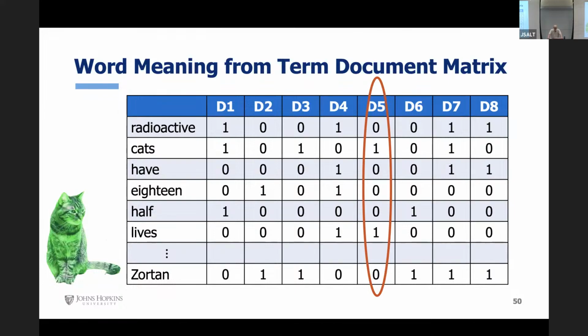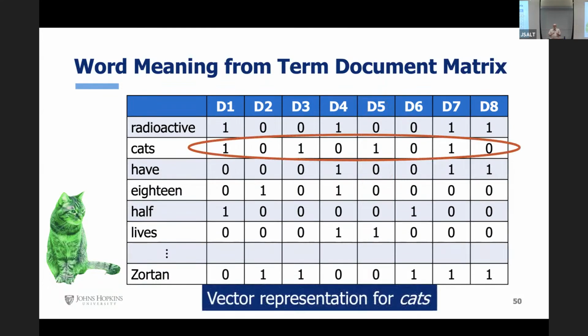Okay, and so here's document 5 has the word cats and the word lives in it. And so we can capture the meaning of a document this way, but we can also use it to capture the meaning of a word.